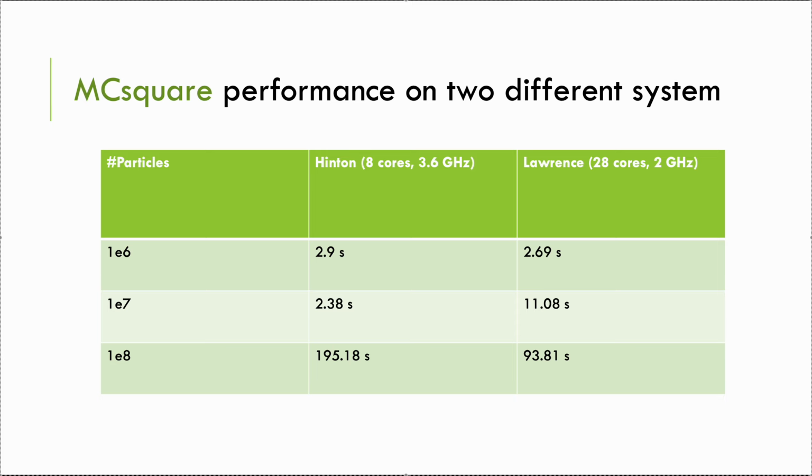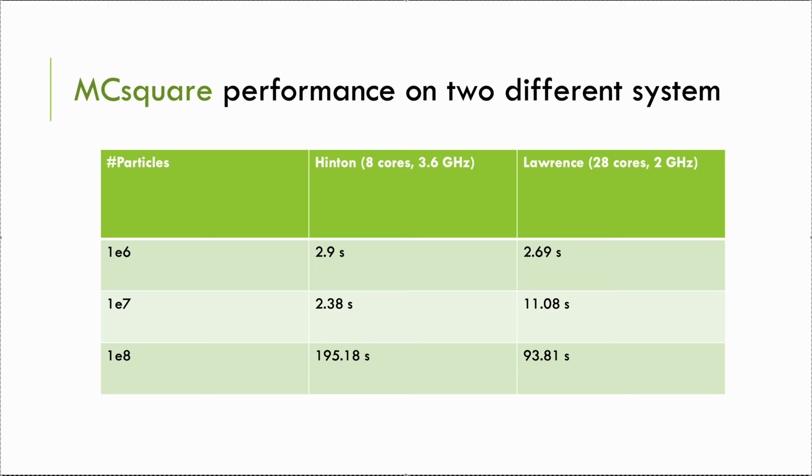Whereas MCsquare, multi-core Monte Carlo, is more computationally intensive. It focuses on the physics more than lookup tables, but it also uses lookup tables, just not as much.